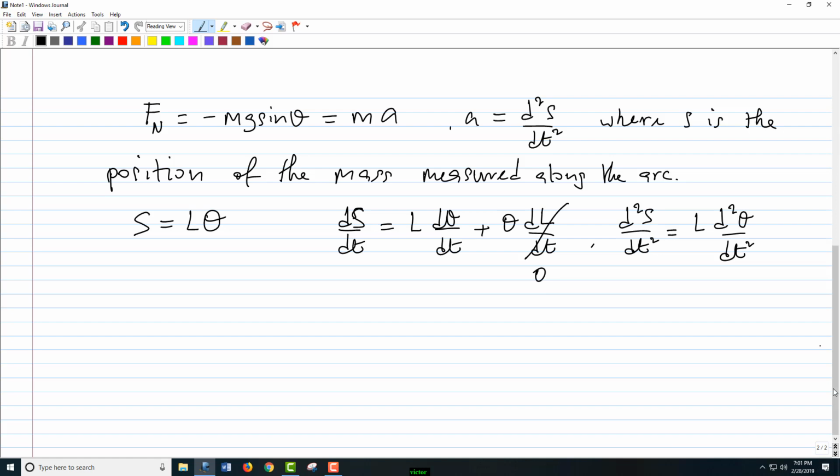So now let's replace our acceleration in our formula above with L d squared theta dt squared. So we can write minus mg sine theta equal to m times L d squared theta dt squared. Cancel your m's and you are left with minus g sine theta equals L d squared theta dt squared.